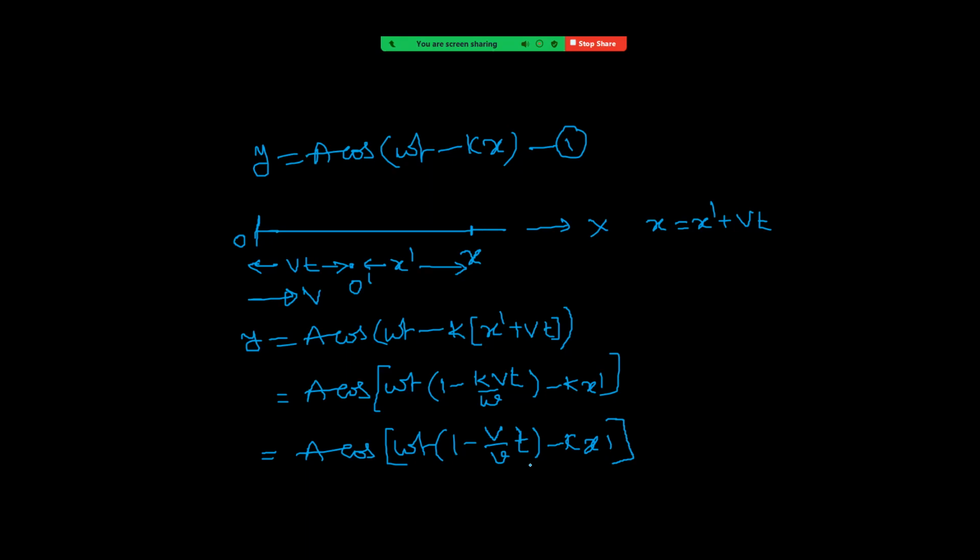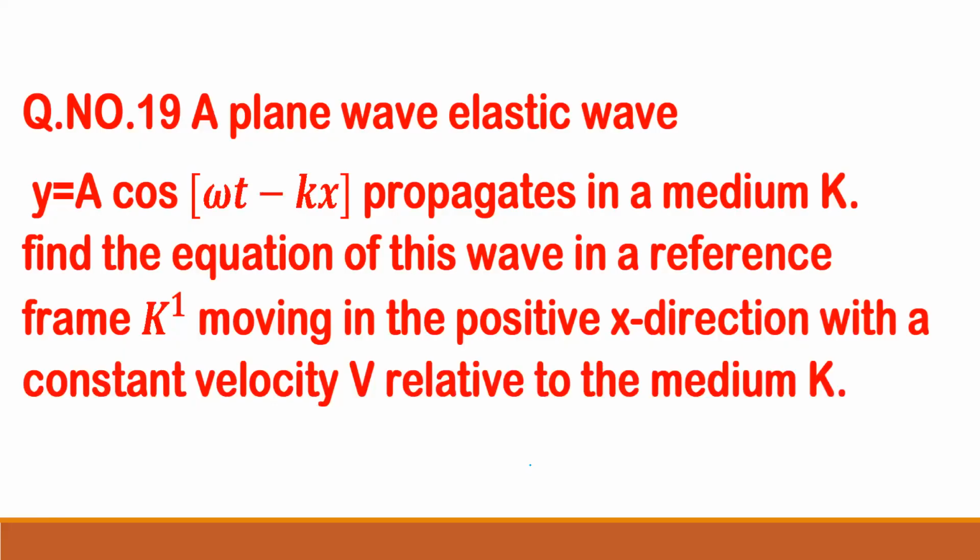This is our result. So we are just replacing x with x dash plus vt. The main thing here is understanding what problem is given. Once we get clarity, definitely we can solve the problem, right? Let us go for the next problem.